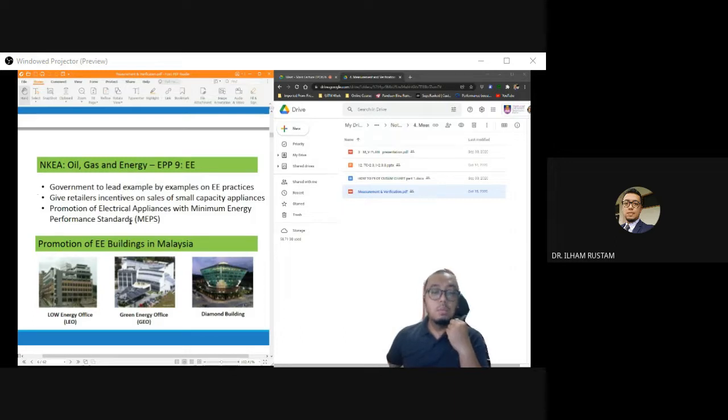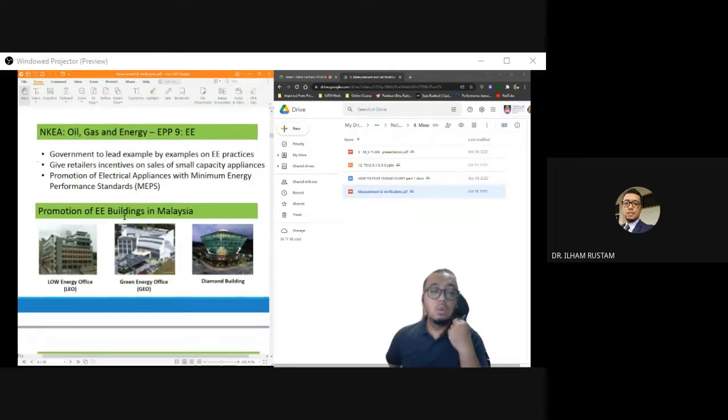It also promotes the use of electrical appliances with minimum energy performance standards, which is MEPS, similar, I guess, to the energy star labeling we discussed in chapter 2, but for government buildings they use MEPS.